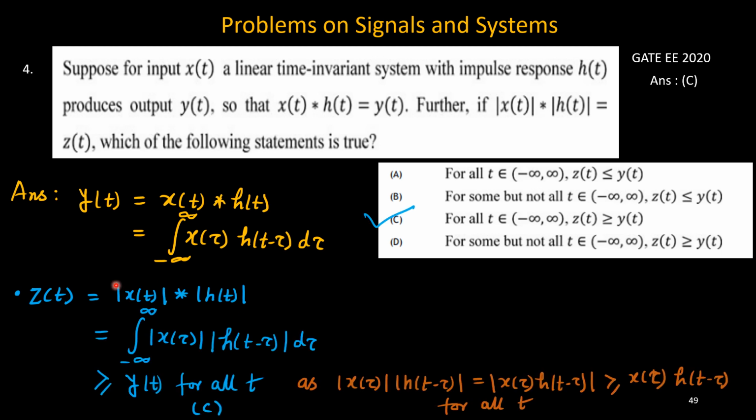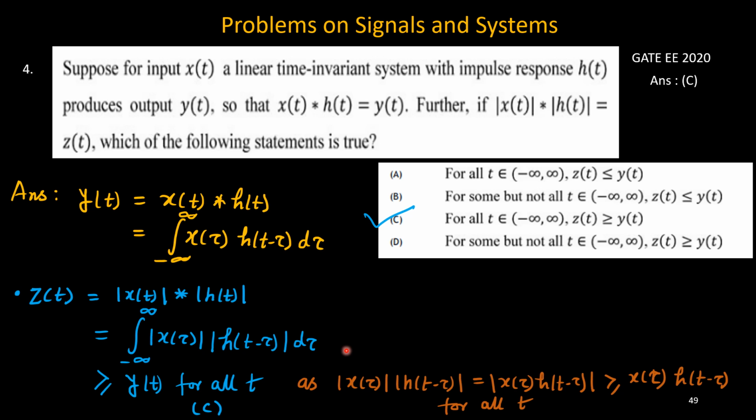So this convolution, if I consider, then it is this signal, t replaced by tau, so mod of x of tau, and mod of h of t minus tau d tau.